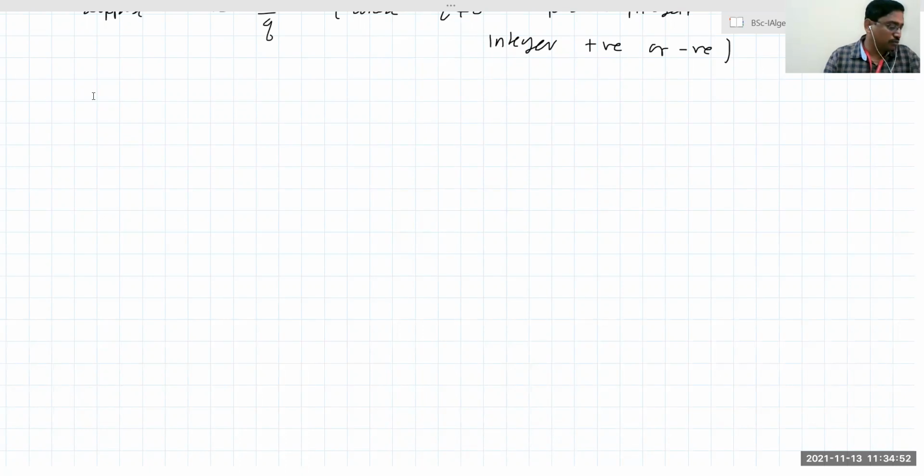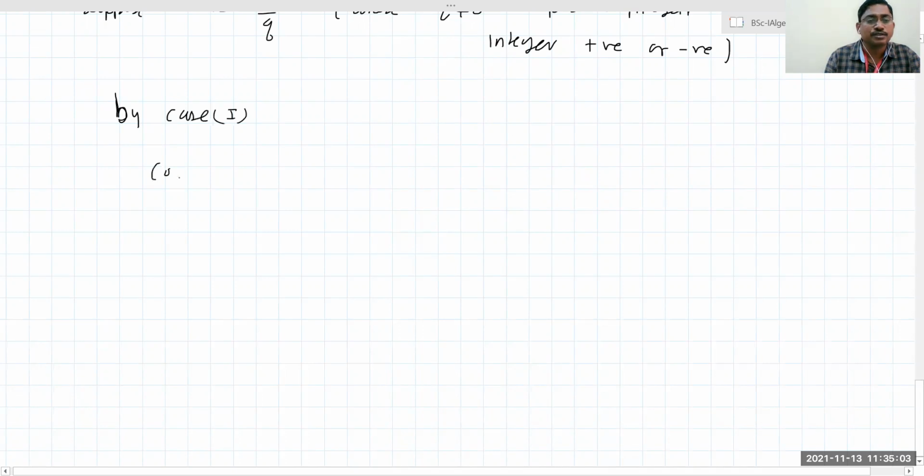Now, from the first case, instead of theta I will consider theta upon q. In the proof, we are using the first case. Instead of theta, I can write cos theta upon q plus i sin theta upon q. If I take its qth power, what is it?